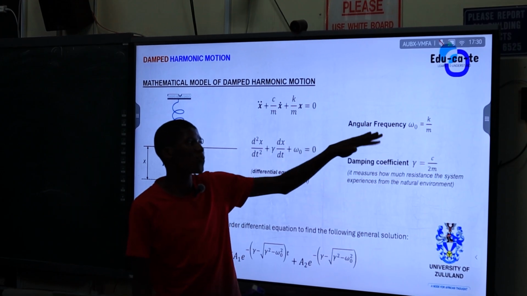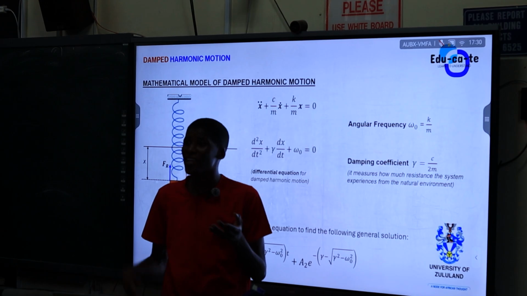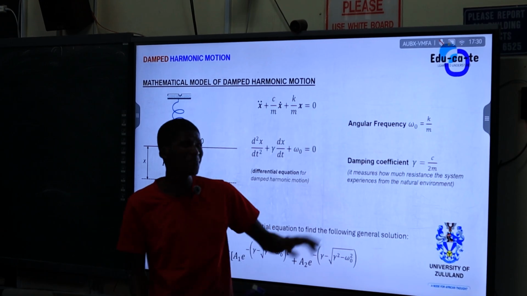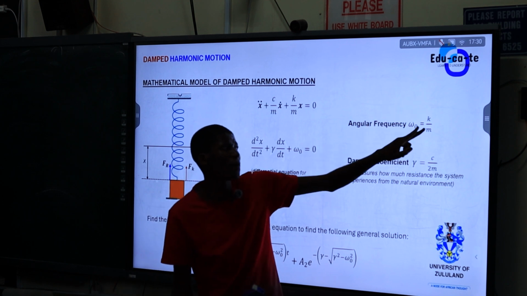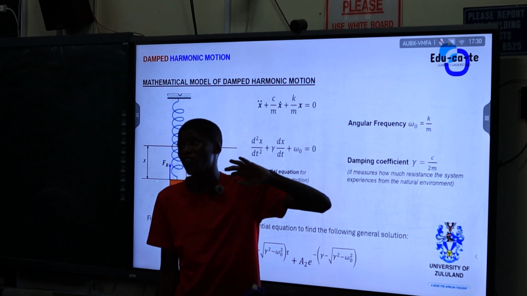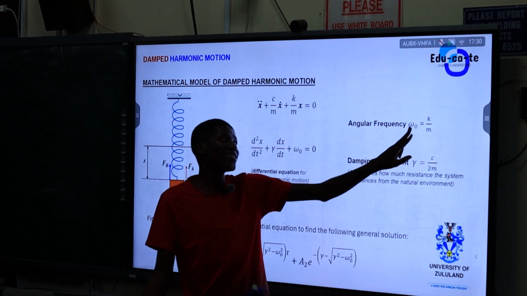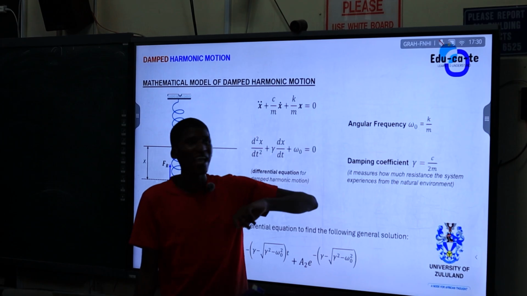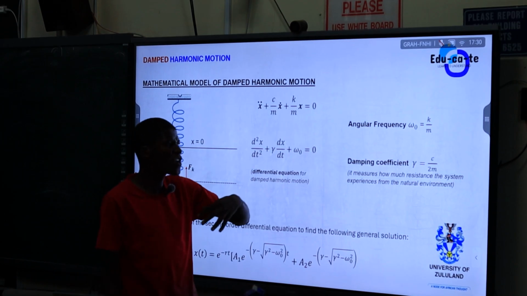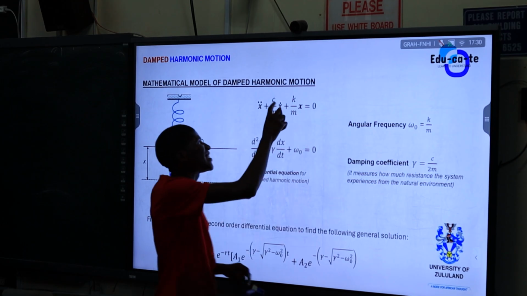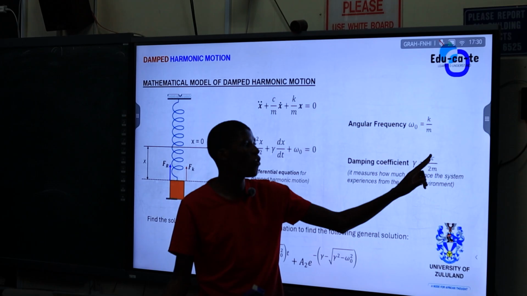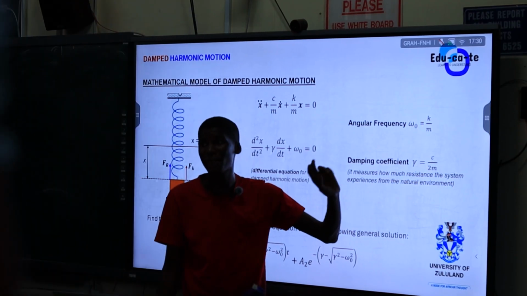It is otherwise known as the natural frequency of the oscillation, in radians per second, and it's given by the spring constant over the mass. But now we introduce a damping coefficient given by this constant c, coming from the retarding force, c over 2 times the mass.